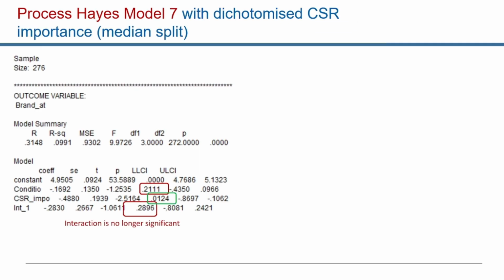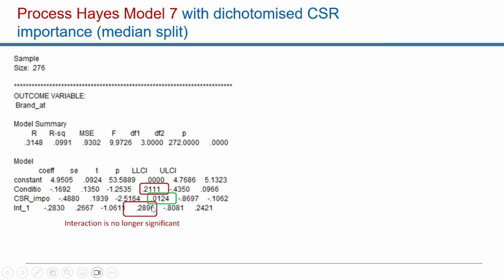The last piece of information, food for thought, that I will give you today is an example of Model 7 when I dichotomized CSR importance, and I have done that on the median split. So I ran the model, and you can see that for my brand attachment, results are very different. The condition is not statistically significant. Interaction is not statistically significant.